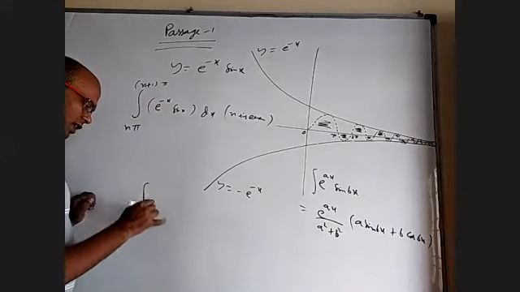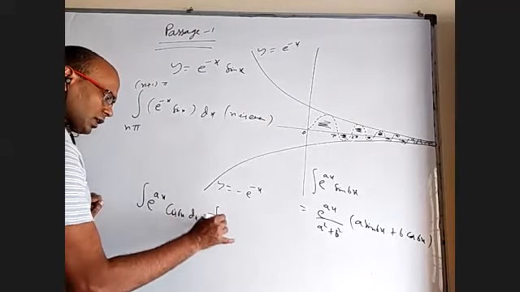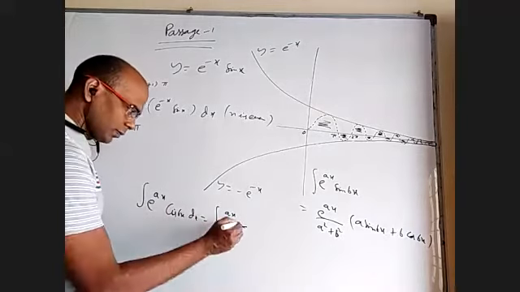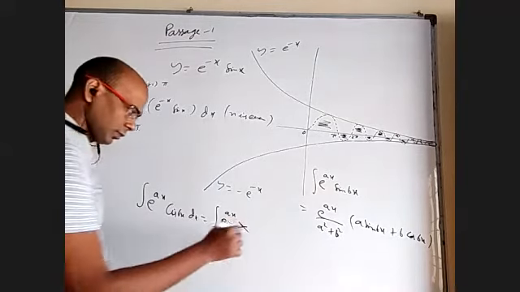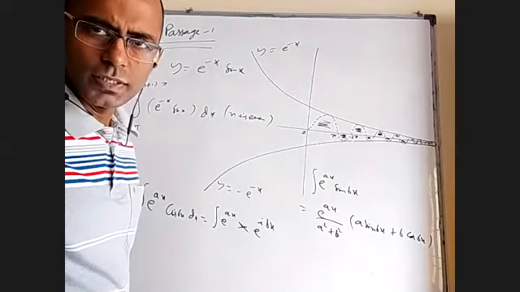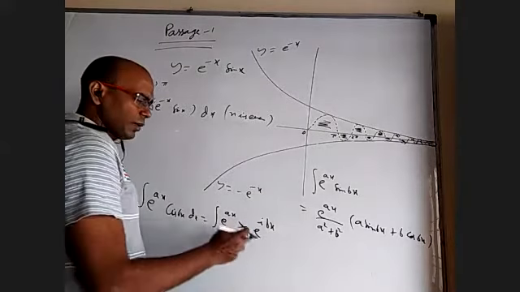I'm going to take integral e power ax cis bx. You know, cis theta is e power i theta. All of you know that, right? All of you know cis theta is e power i theta, right or not? Yes, sir. Okay. So this is a power m into a power n.